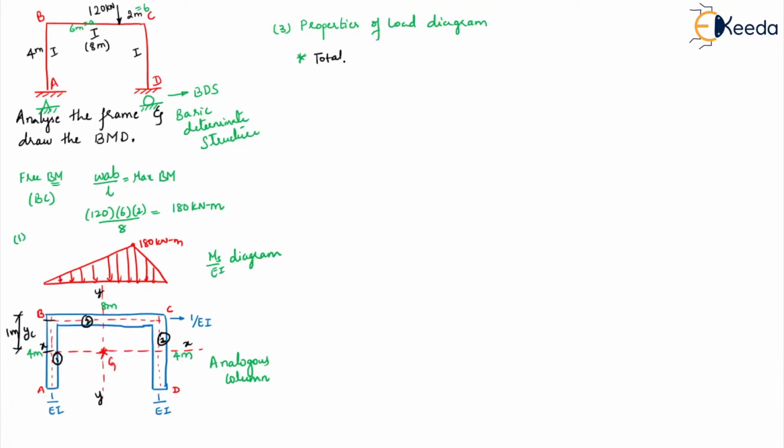Okay, total load P. Nothing but the area of the MS by EI diagram. So half into base into height. Half base is 8 meters for this, and height is how much? 180 by EI. Right, so that will give us 720 by EI. That's the area of the load diagram.